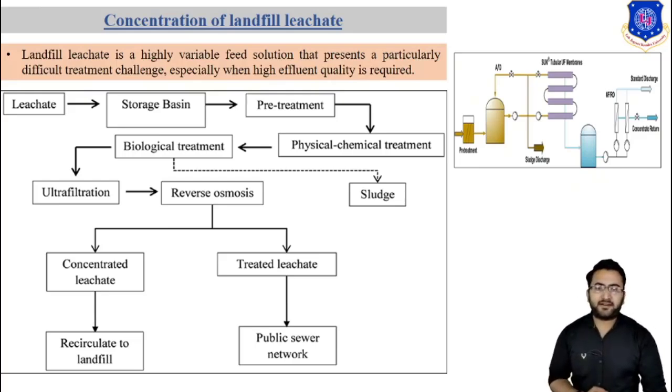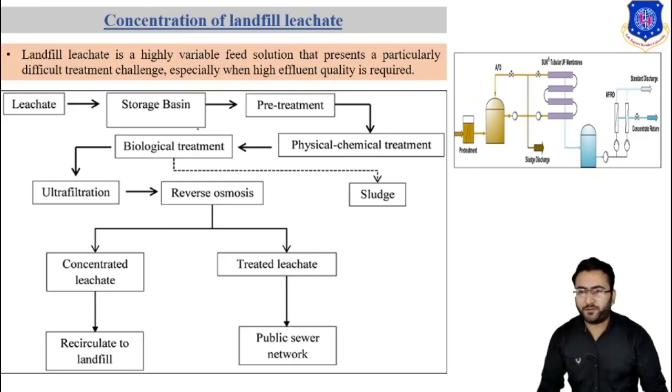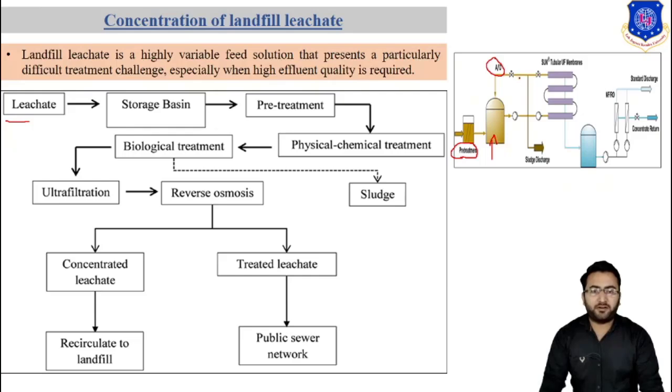So let's discuss how reverse osmosis is used for the concentration of landfill leachate. In concentration of landfill leachate, pre-treatment is done for the leachate, then it goes to the aeration tank where air is passed, then it goes to ultrafiltration where pre-treatment of this mixture occurs, then it goes for reverse osmosis or nanofiltration.